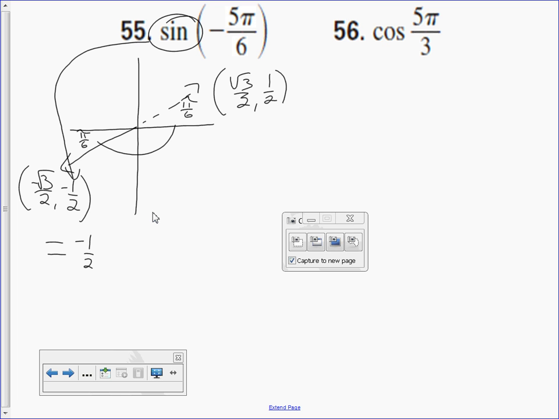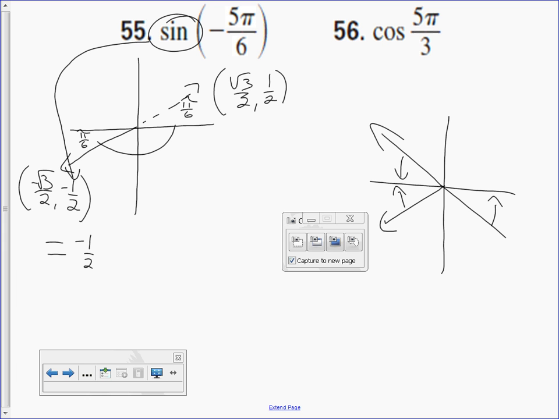Remember, your reference angle is always, always, always how far away you are from the x-axis. If you're in the first quadrant, you are your reference angle. Second quadrant, it's 180 minus your angle.